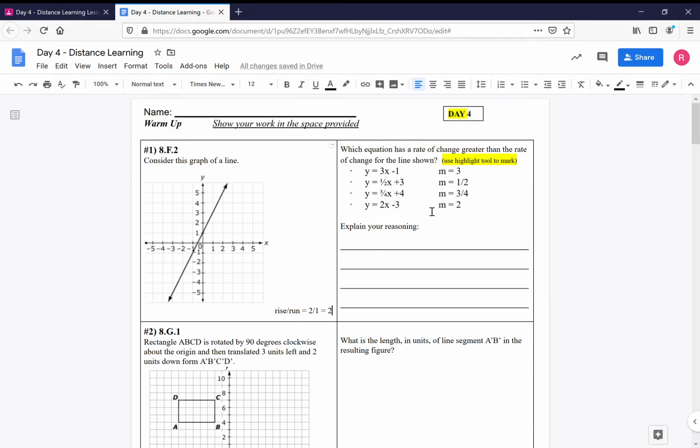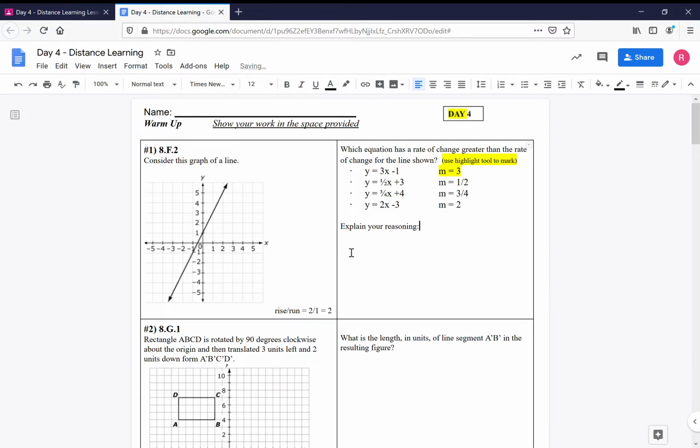Now we can go back here and check to see which of these slopes are bigger than 2. You can compare and see that only this one is bigger than 2. Don't get confused over here, because this is equal to 2. That's not bigger than 2. Okay, so now I have to explain our reasoning.